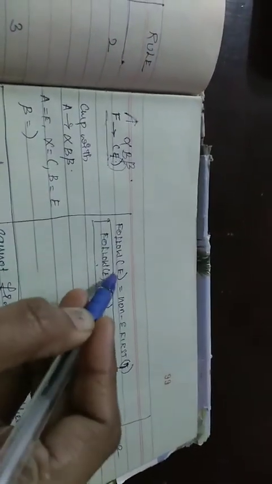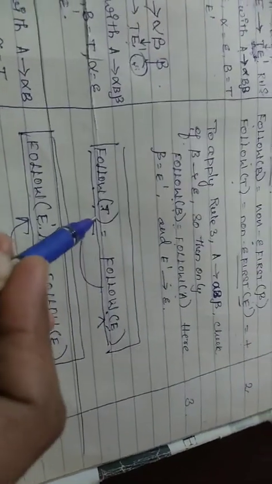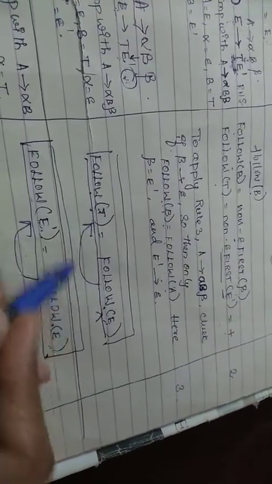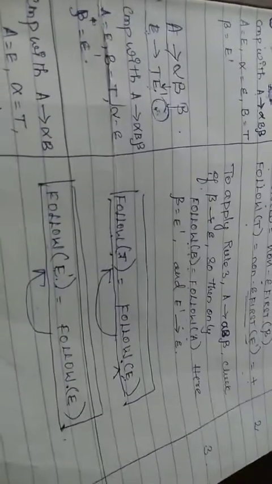Now you have to make sure how many symbols are dependent on E. Look at anything that is dependent on E. Yes. Whatever is there in E will go to T. First time we have seen that, it will go to T. What is your next one?